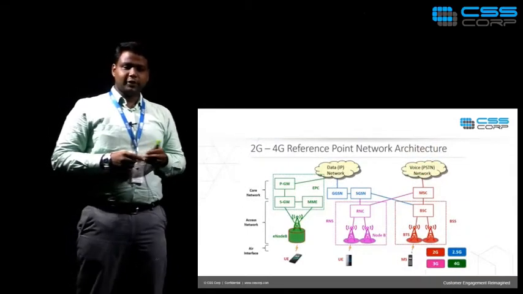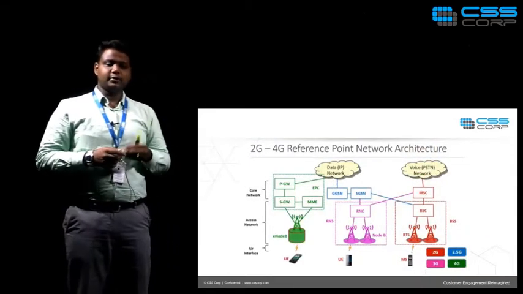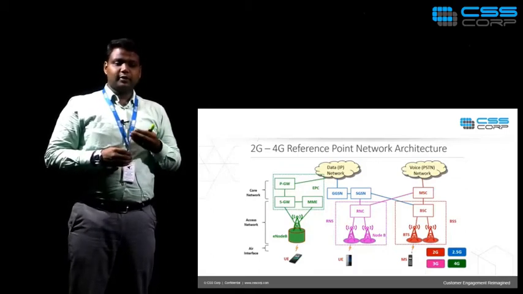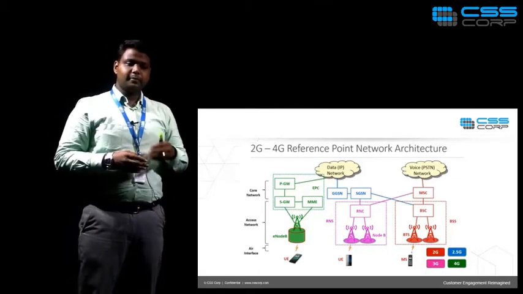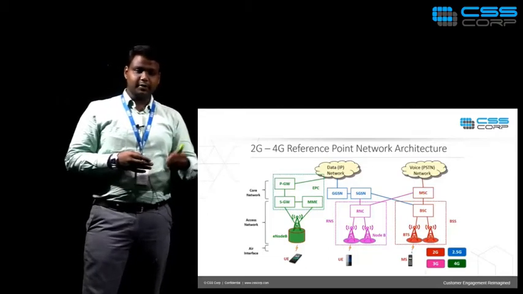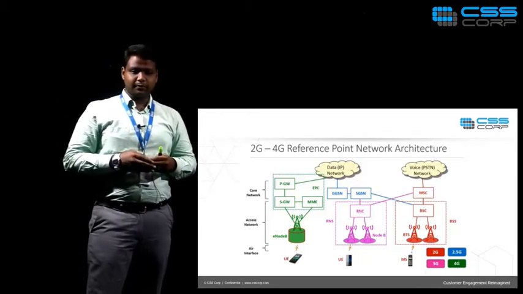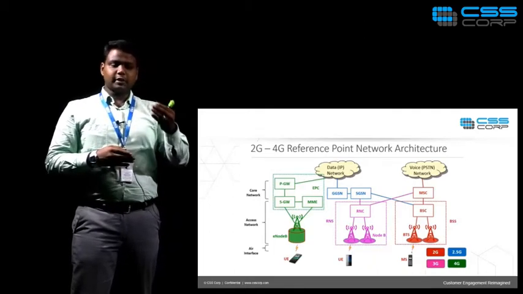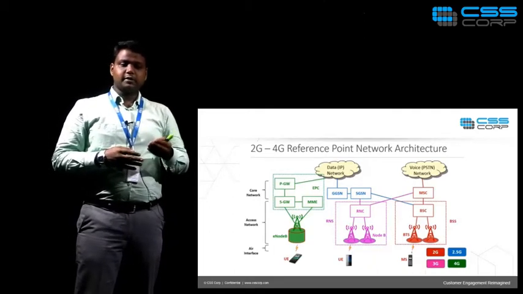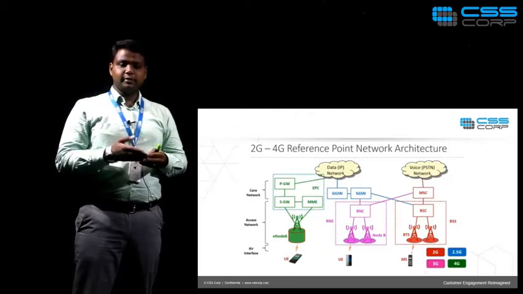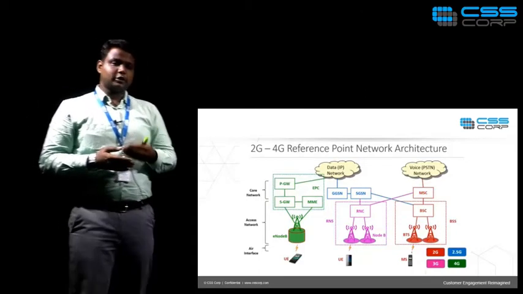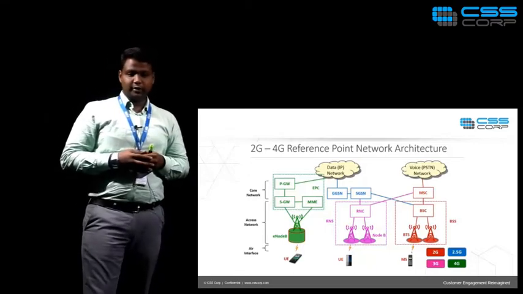Before looking into our 5G architecture, let's look into the previous legacy architectures. On the 2G, the user will be connected to the BTS, BTS to BSC, BSC to MSC, and MSC to PSTN. For the 3G, the user will be connected to Node B, and from Node B it is connected to the RNC. From the RNC it will be connected to SGSN and GGSN, and from GGSN it will be connected to the IP data network.